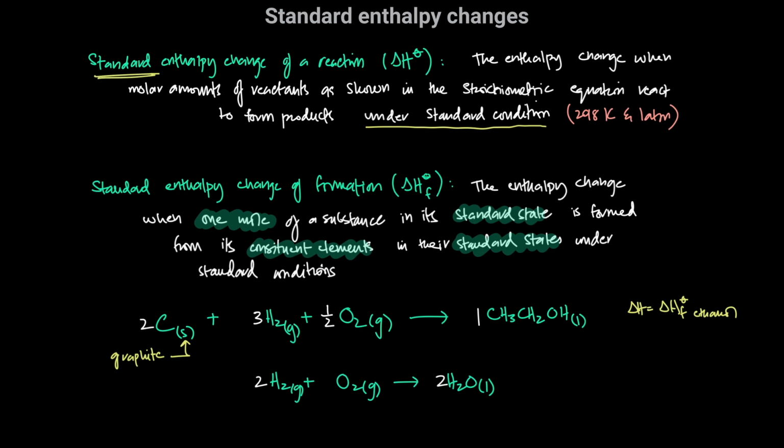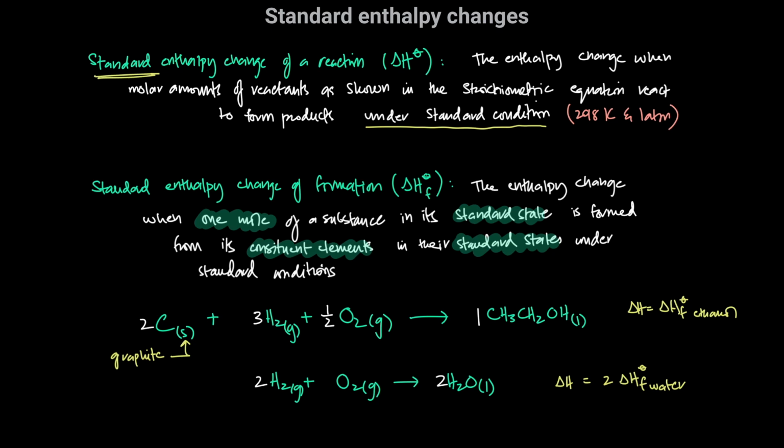What is the enthalpy change for this reaction in terms of formation enthalpies? It is 2 times the formation enthalpy of water. Here we're making water in its standard state from its constituent elements in their standard states, but we're making 2 moles of water.